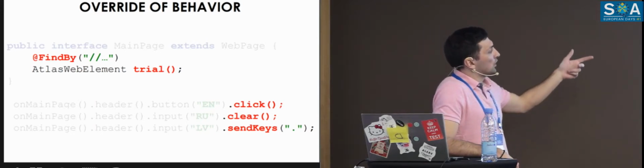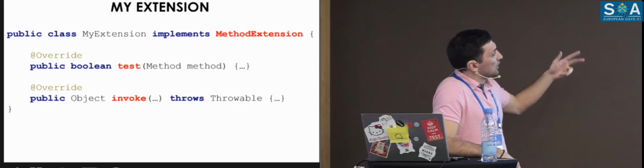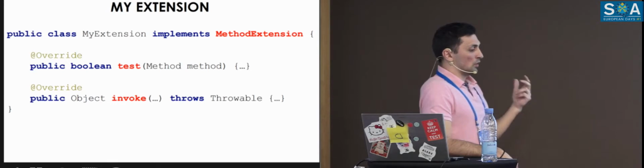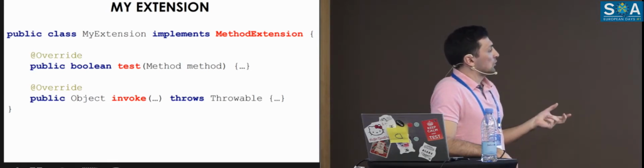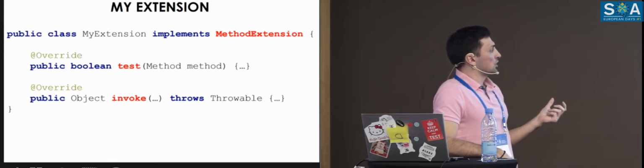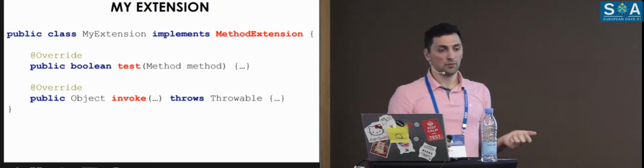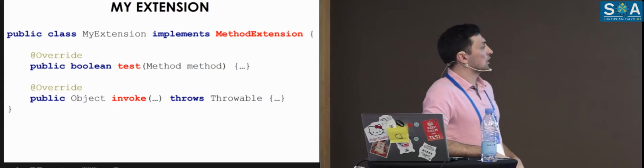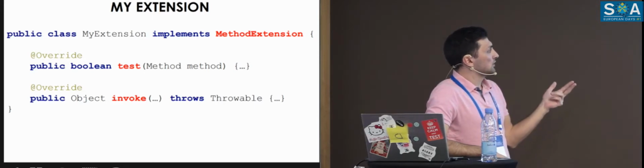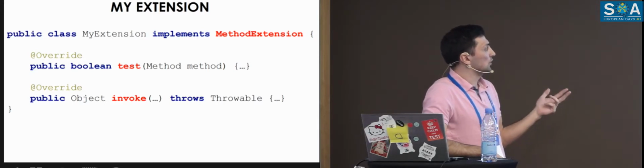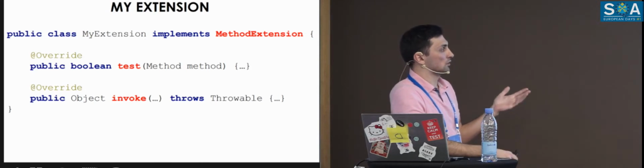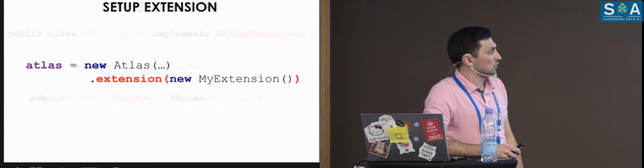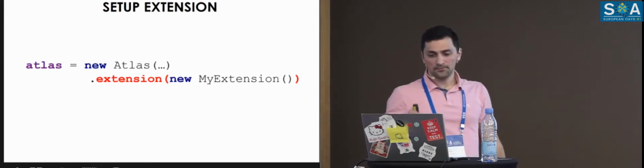After that, we must override two methods: test and invoke. Test checks whether we override the method which we want, and invoke injects our behavior. And how do we use our extension? When we create Atlas, we use the additional utility method extension and set our extension. Moreover, we can add more extensions if you want, or add our custom extension.